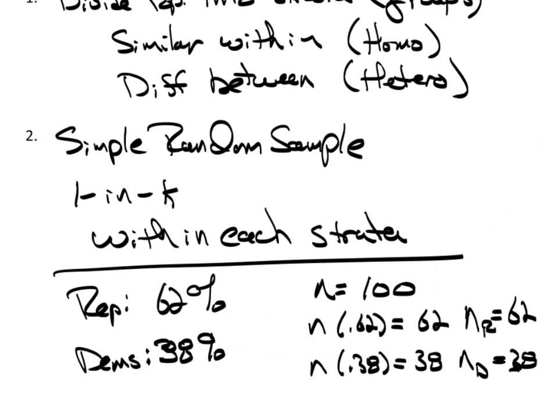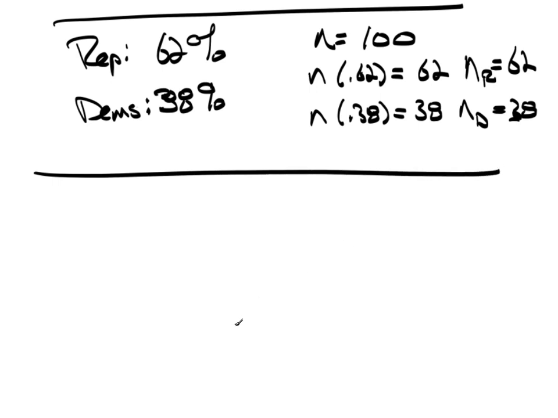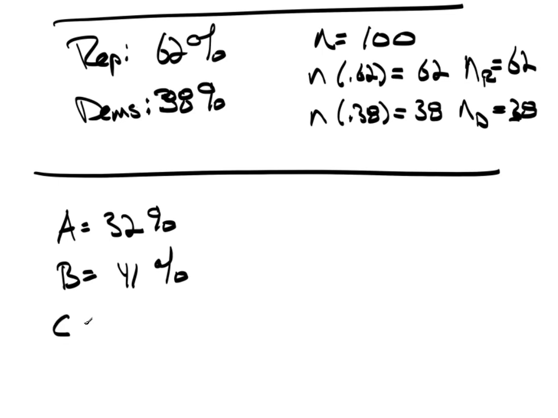So these numbers that I chose are pretty straightforward. Let's calculate again, just to play with something real quick. Let's say I have 3 different groups. As an example, I know that group A makes up 32%, group B makes up 41%, and that leaves group C, which should be at 27%.